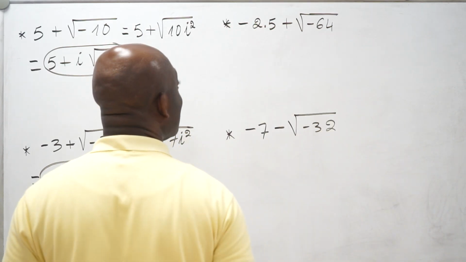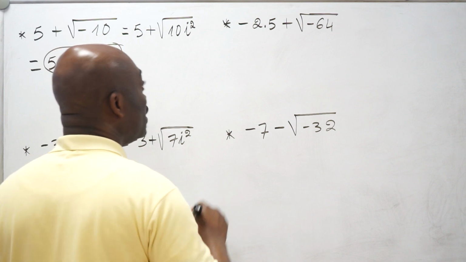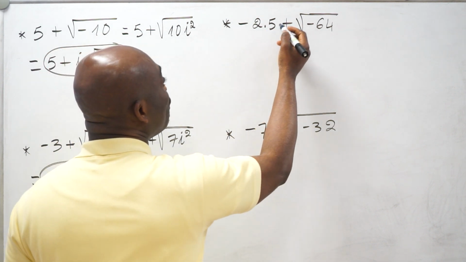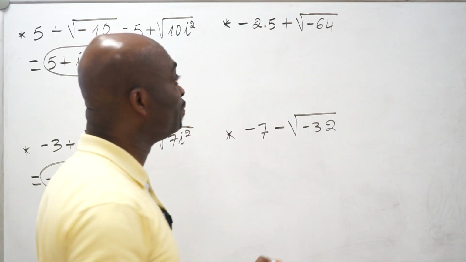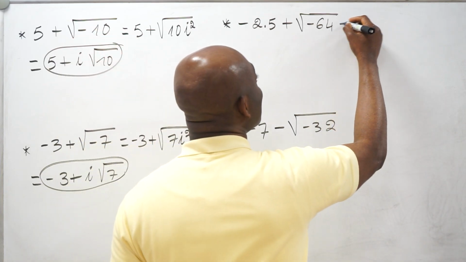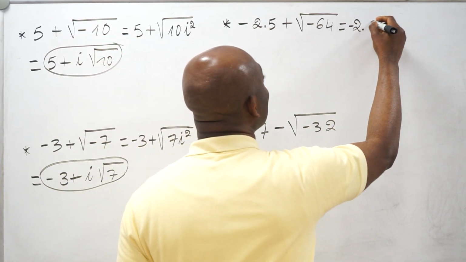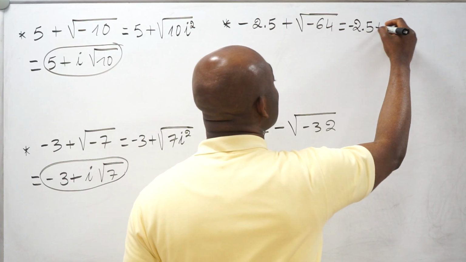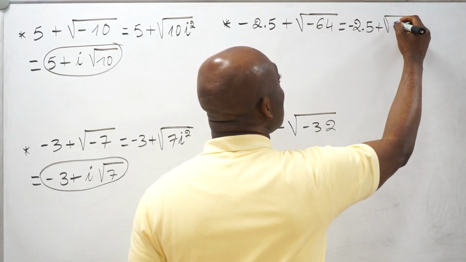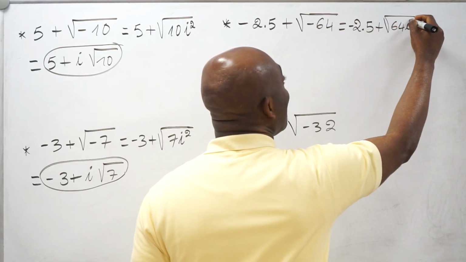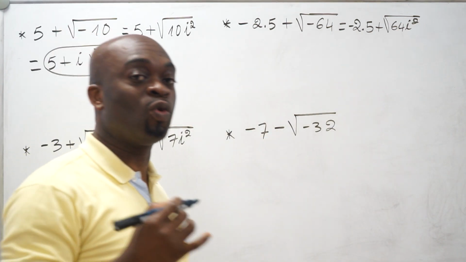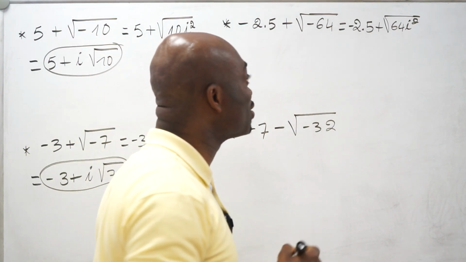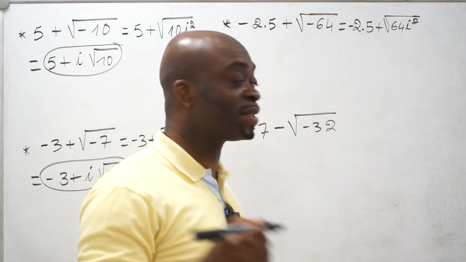So now let's come to these two problems. We have -2.5 plus the square root of -64. Same thing we're going to do. This is the same thing as having -2.5 plus the square root of 64i to the second power. Now, what is the perfect square under that? 64 is a perfect square of what number? 8.